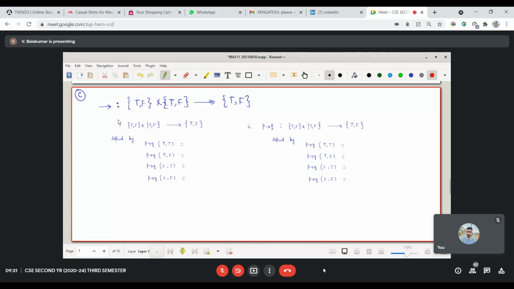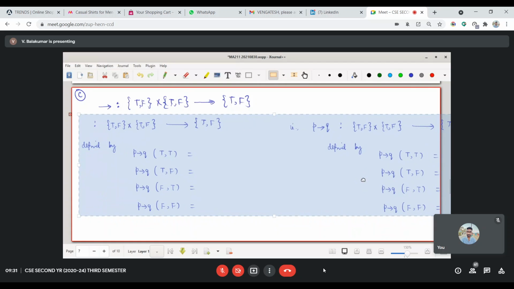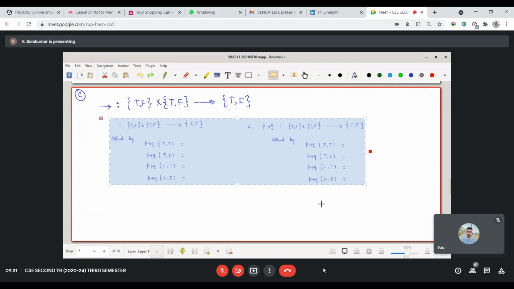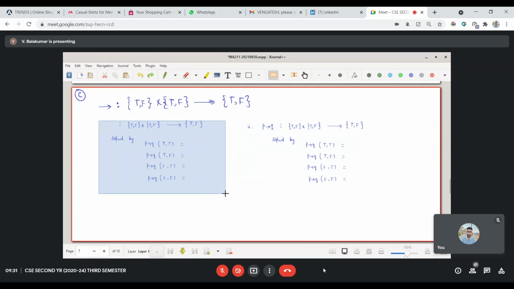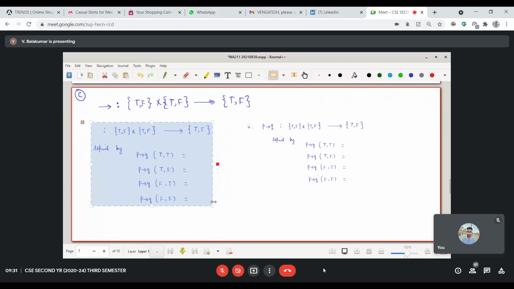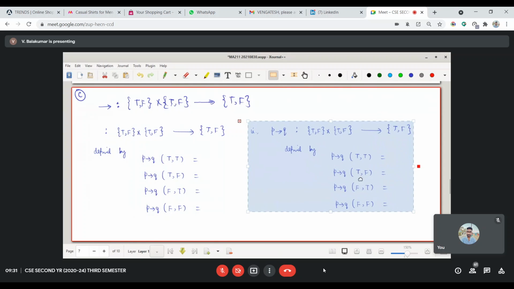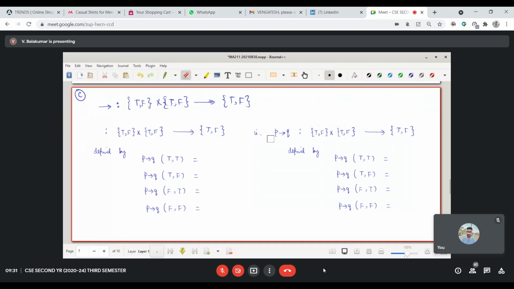this implication. Is it visible? Yes, sir. Let me take a little larger also, no problem. I'm just trying to write down with different notations, that's all.